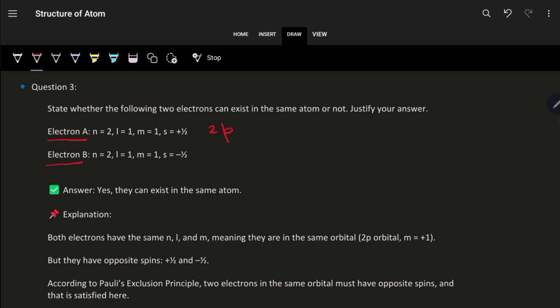Second electron, n equal to 2, l equal to 1. That is also 2p. Both are in 2p and both are in the same magnetic quantum number. But they are having opposite spin. Yes. That means the fourth quantum number is different. So yes, they can exist.